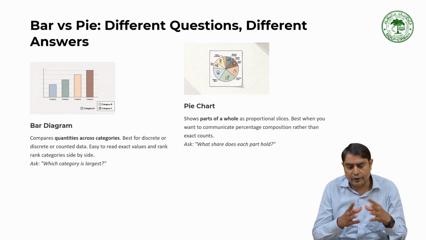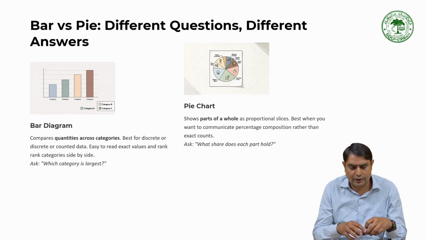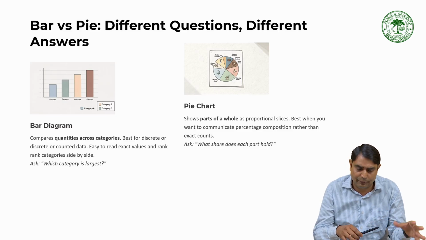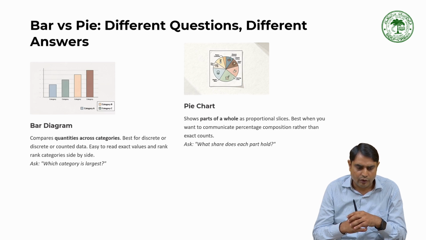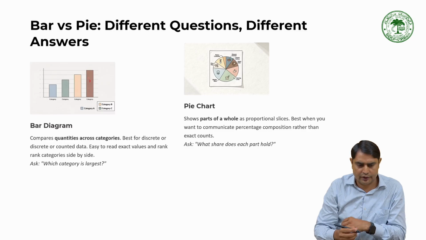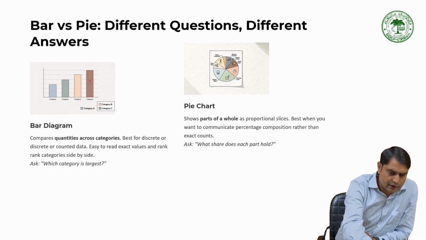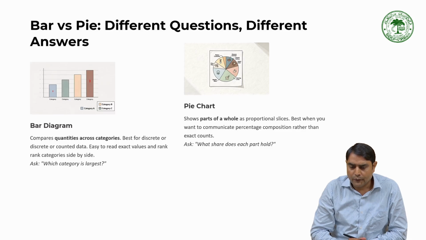It is easy to read, extract values, and rank categories side by side. So you can easily find out from the graph on your screen which category is the highest. Obviously, this category with the brown color is highest in frequency, and this category in the blue color is lowest in frequency.